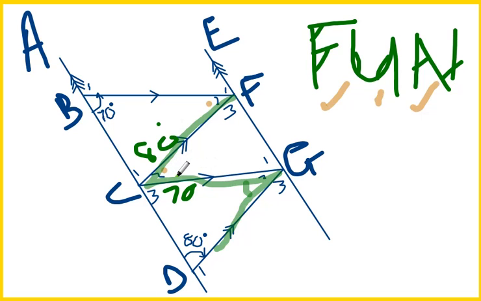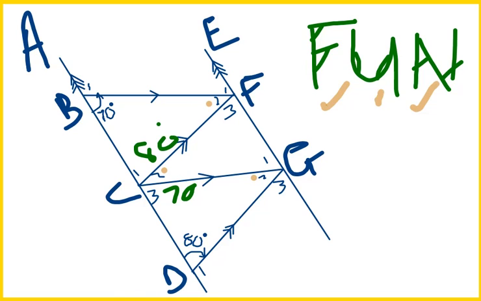So let's mark it the same color. If this angle is equal to that angle, then that angle can also be 70. So we have looked for our corresponding angles and our alternating angles. Let's have a look at our co-interior angles.